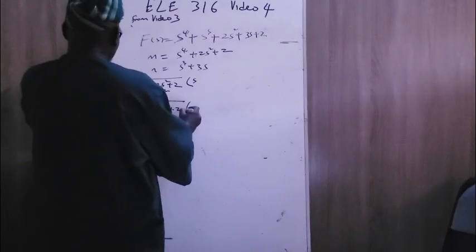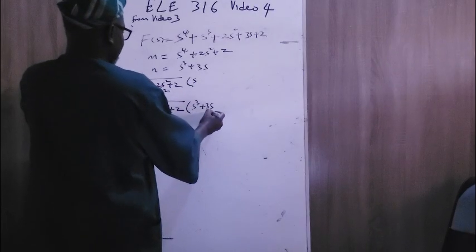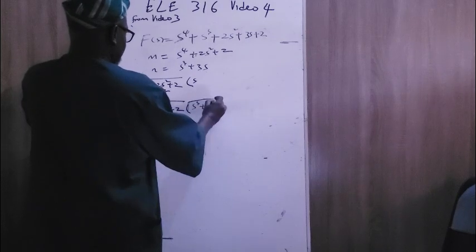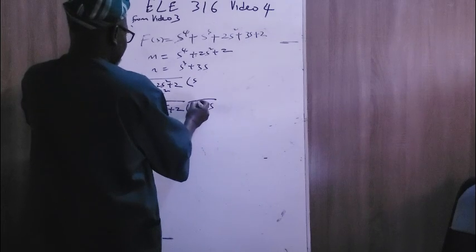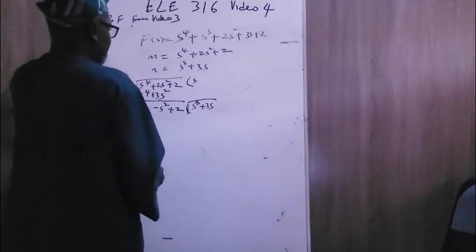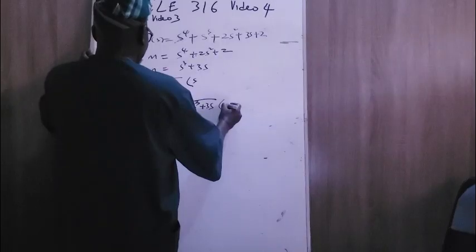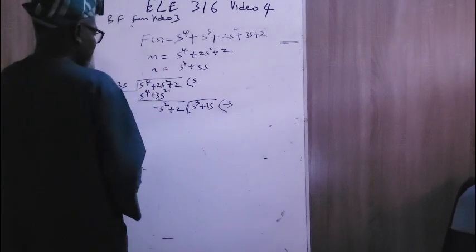And then we bring this one here, s^3 plus 3s, to do the next division. Now, what are we going to have? We're going to have minus s.